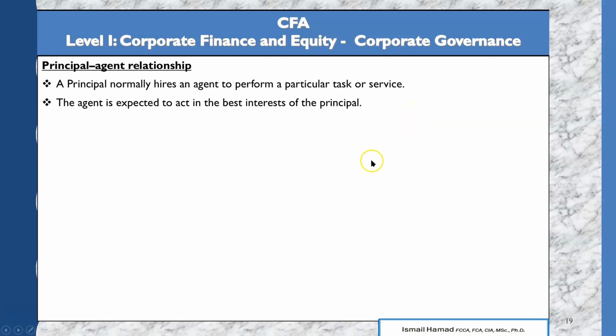When a principal assigns a job to any agent, the general expectation by law is that the agent will not behave in a way that is detrimental to the principal, whether that principal is shareholders in a company or in any setup or trading. So in this respect, managers act on behalf of the shareholders.